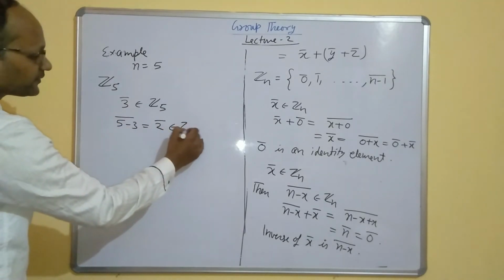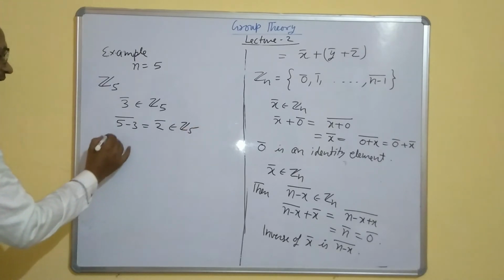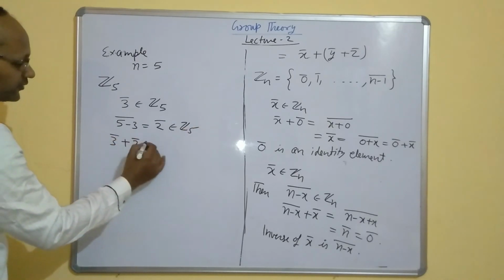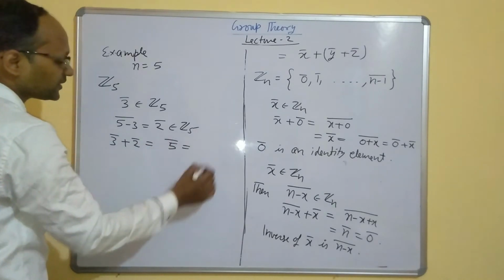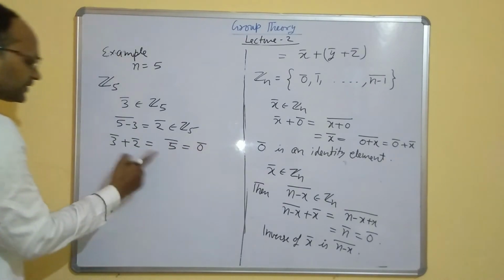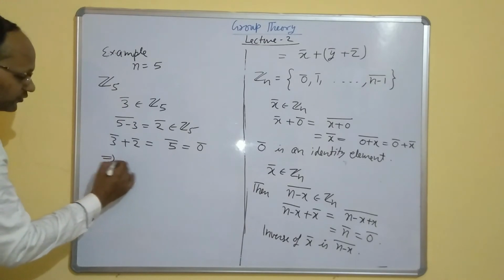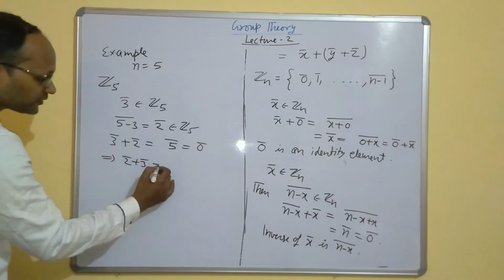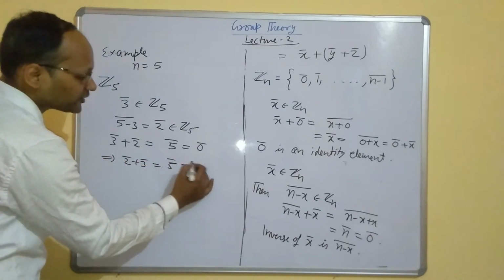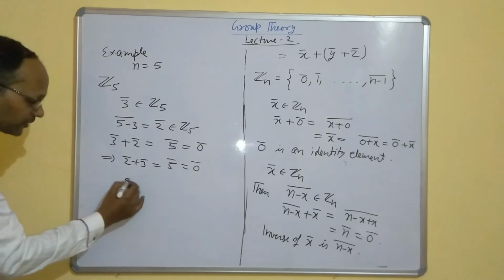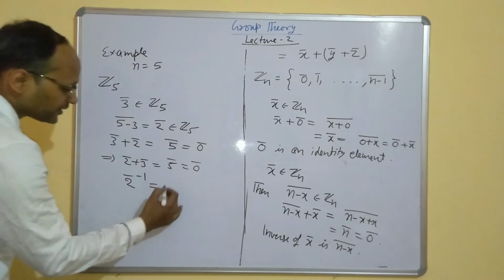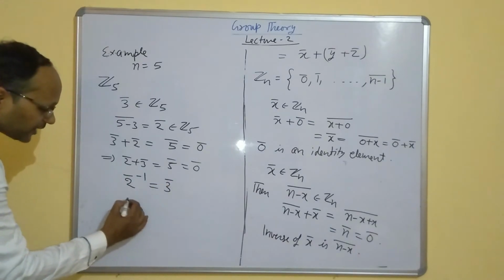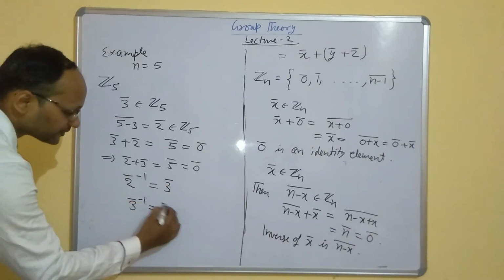This is also in Z5. So when we add 3 bar and 2 bar, we get 5 bar, and 5 bar is nothing but 0 bar. So this is working, and it is the same as 2 bar plus 3 bar, which is again 5 bar, so it is 0 bar. So the inverse of 2 bar is 3 bar, and the inverse of 3 bar is 2 bar.